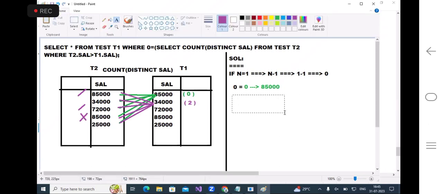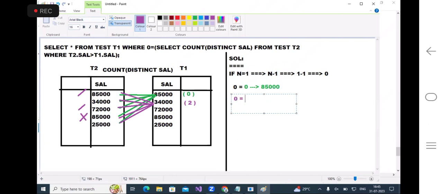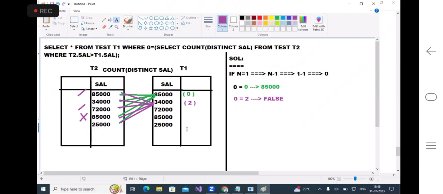Come back here, the comparison is now done. 0 is equal to 2. Condition true or false? Condition false. Next, in the same pattern, one more value, 72,000.